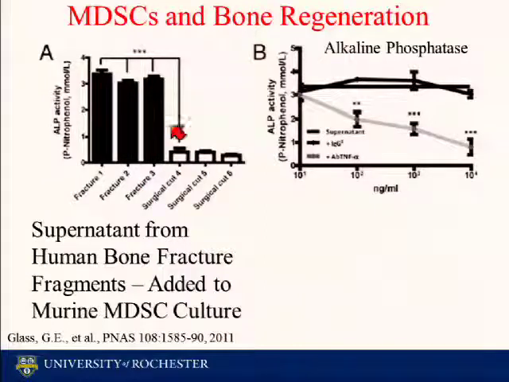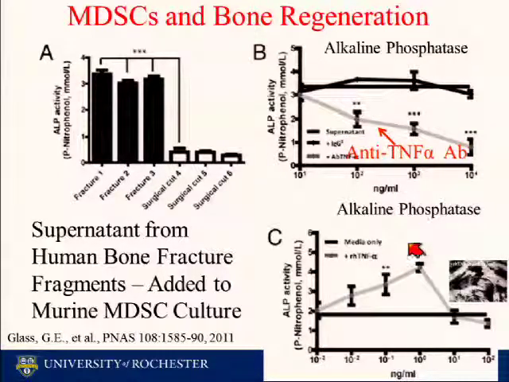What they identified through a series of looking at various cytokines is that if they blocked TNF-alpha activity, they would prevent these muscle cells from undergoing differentiation with accumulation of alkaline phosphatase, and that they could do a gain of function in these muscle-derived stem cells with TNF-alpha. So this suggests that TNF-alpha is a signal associated with muscle and bone injury in combination that helps to drive the ability of muscle cells to sense the injury environment and begin to have a response to regenerate the bone tissues.